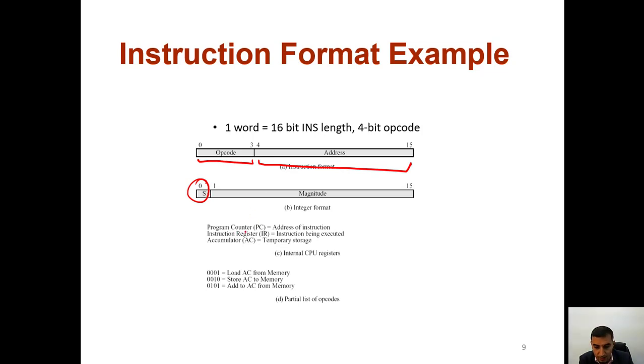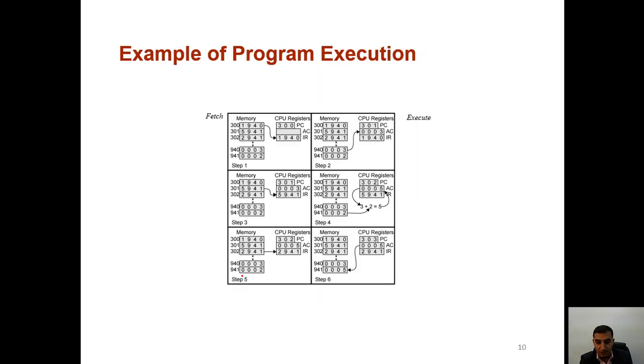You have here your program counter, instruction register, and your temporary storage, which is the accumulator. And these are your different functions such as load accumulator, store accumulator, and add accumulator. This is all seen in the tutorial. If you check this example, we start at program counter equal to 300.